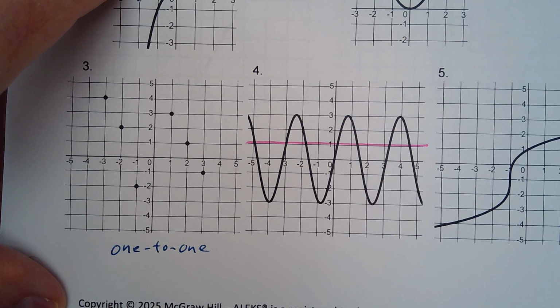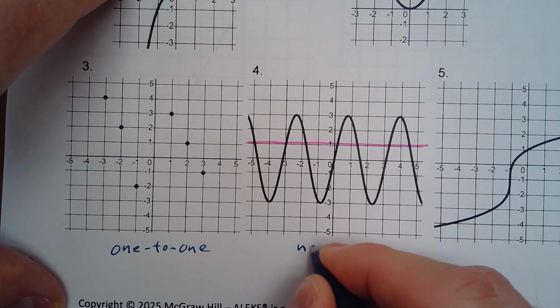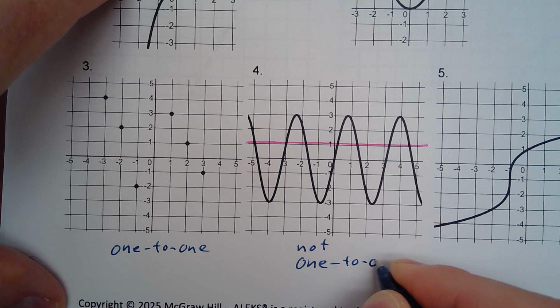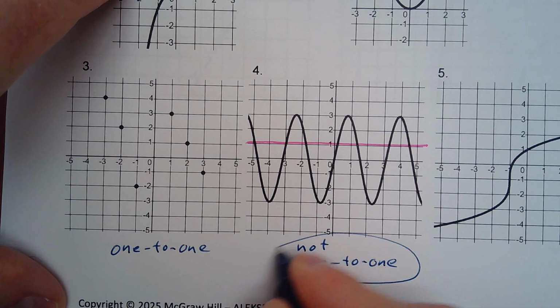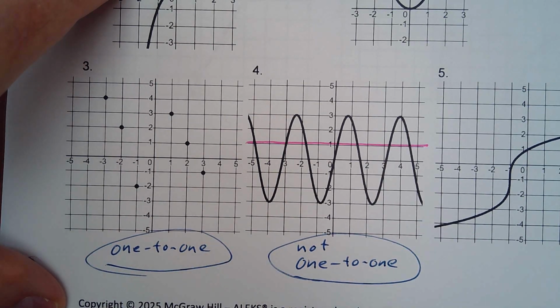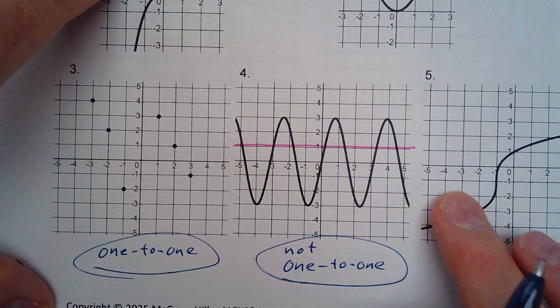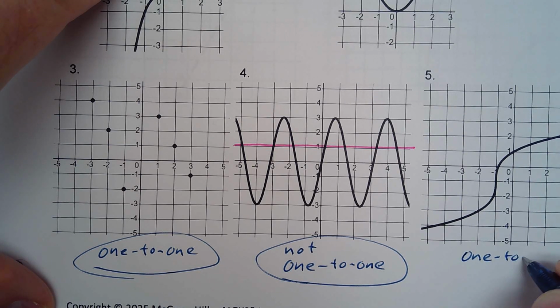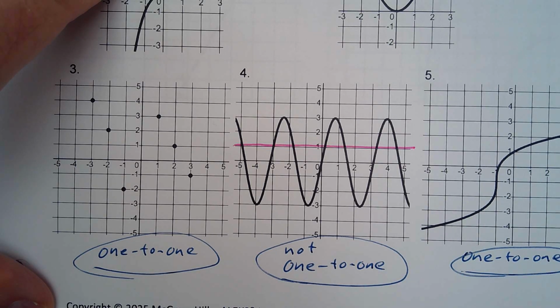So this would not be one-to-one. And then this would be one-to-one, because any horizontal line here is going to hit at most 1 point.